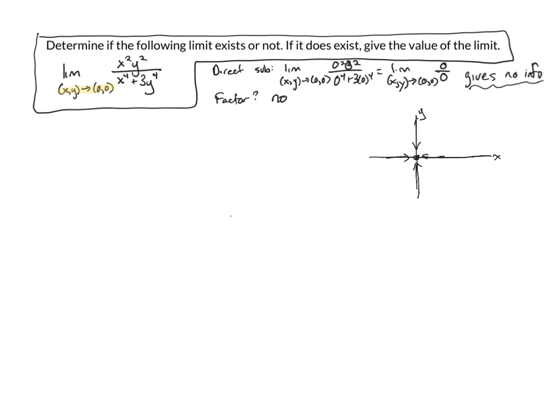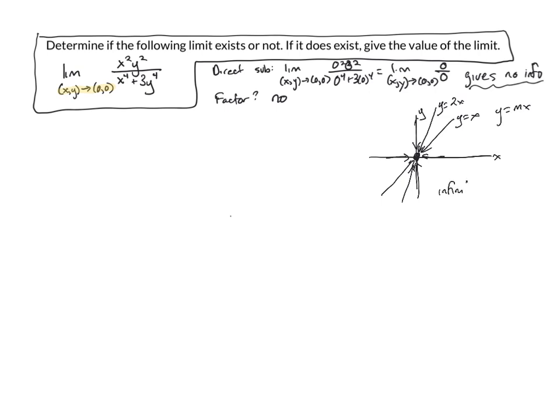But then I could also approach along the line y equals x. And for that matter, I could approach along any line like y equals 2x, or a lot of times we'll use y equals mx, because that also is going to cross 0, 0.